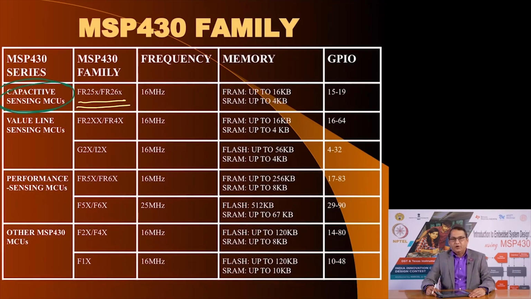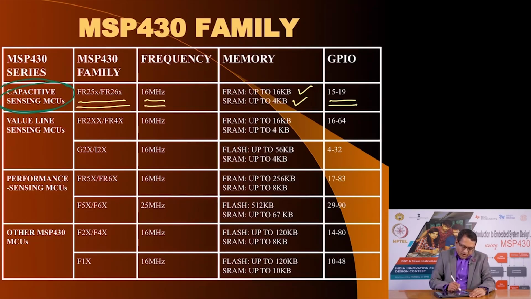The maximum frequency of operation of members of this family is 16 megahertz, and it has FRAM for the program memory, and you can have up to 16 kilobytes of program memory, and SRAM for storing data. You can have up to 4 kilobytes, and the number of general purpose input output pins that are available in this segment, you can have from 15 to 19 GPIO pins.